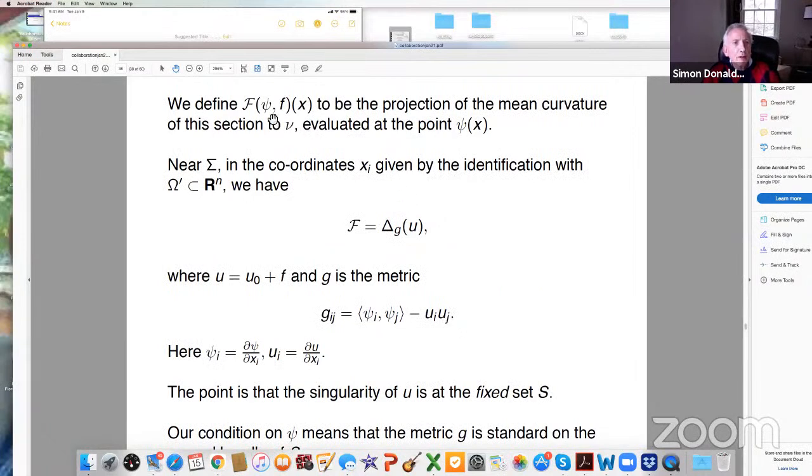So now we'll define a curly F of these two variables, psi and f, to be the projection of the mean curvature of this new section that we've discussed to our bundle nu, evaluated at the point psi of x.